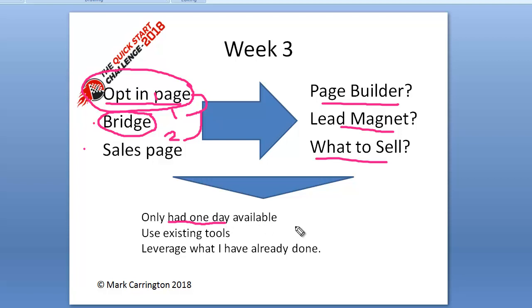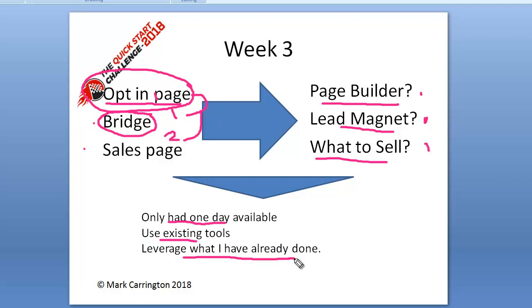So I had to get some quick action on these 3 things to get my job done by the time my wife came home from work on Thursday evening. So clearly I have to use existing tools, things that I've already used, that I know how to use, and that are already in the bank, and leverage what I have already done.